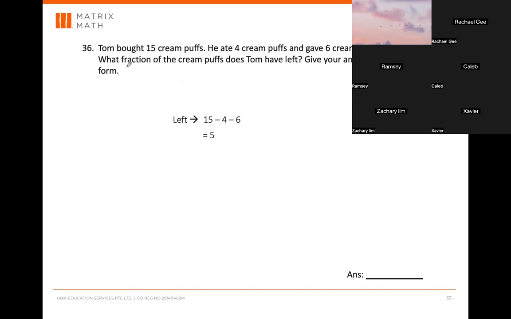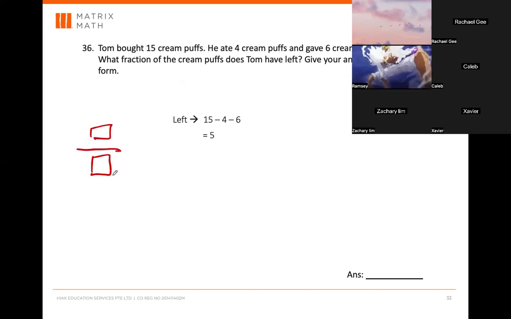How do we put it in a fraction? A fraction has a numerator and denominator, correct? The denominator will be the total number of cream puffs. The numerator will be the value that you want to find. In this case, we are finding the amount left, so 5 will be on top, over the total number of cream puffs, which is 15. Take note, you need to leave it in simplest form. Both can be divided by 5, so you have 1/3. So the answer to question 36 is 1/3.